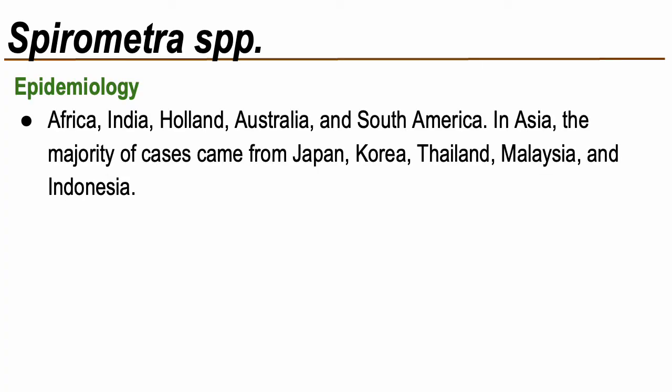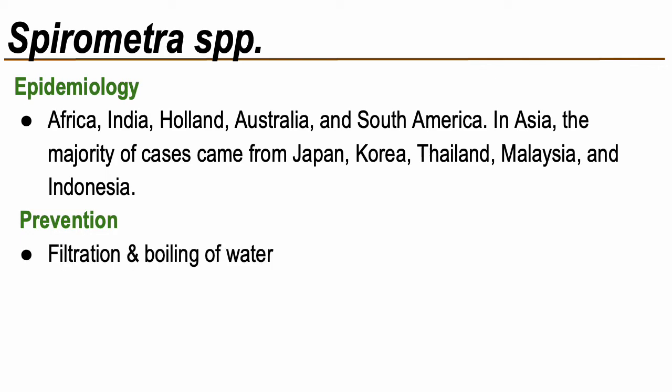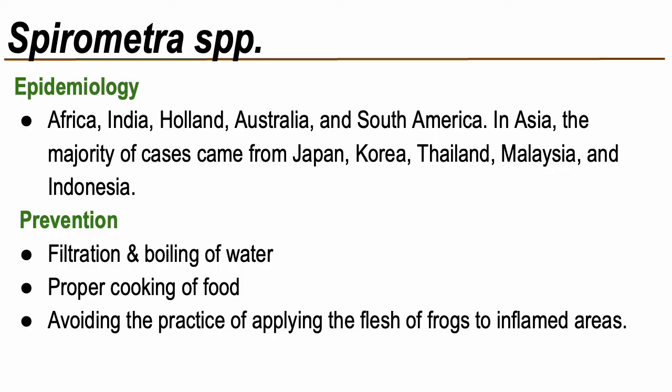So for the epidemiology, here are all the countries involved in the cases of sparganosis. According to other sources, sparganosis is mostly acquired through drinking contaminated water. So in order for us to prevent this parasitic infection, filtration and boiling of water should be followed, proper cooking of food, especially fishes and marine animals as well, and avoiding the practice of applying the flesh of frogs to inflamed areas.